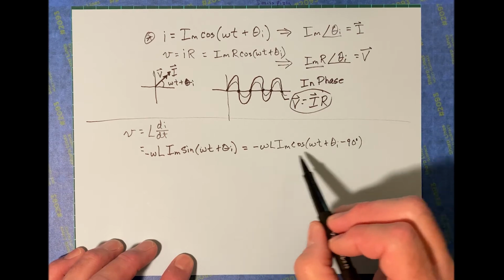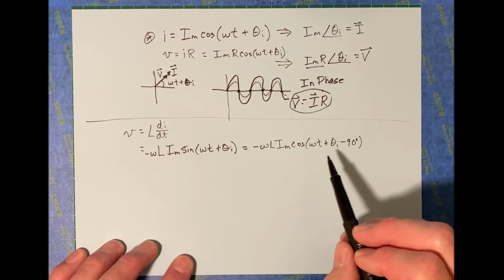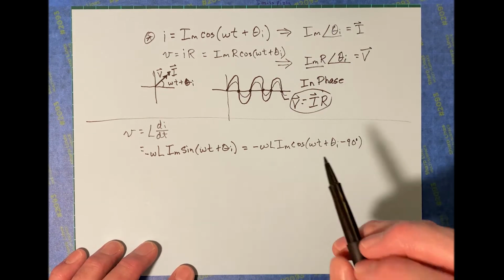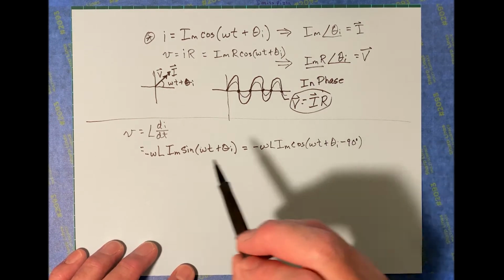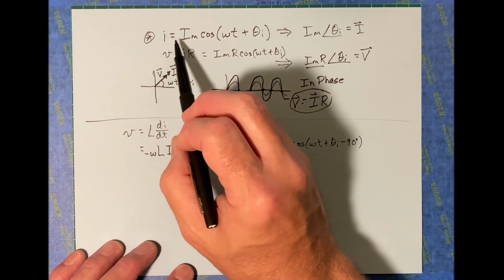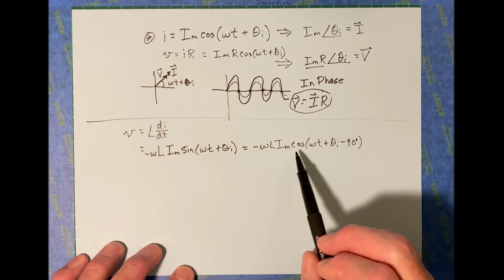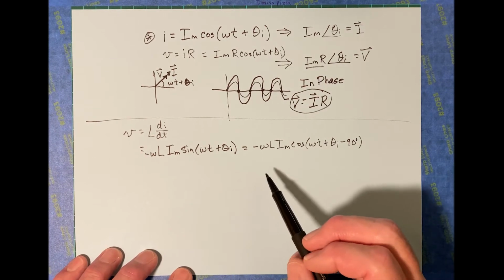Okay, now this is what V is in the time domain for an inductor. Now remember, we're assuming a circuit that only has one inductor in it and one sinusoidal source that is generating that current. So this should be what the voltage is across the inductor at the time.